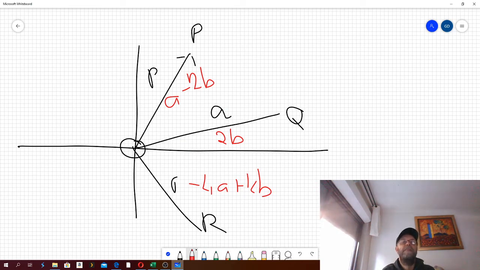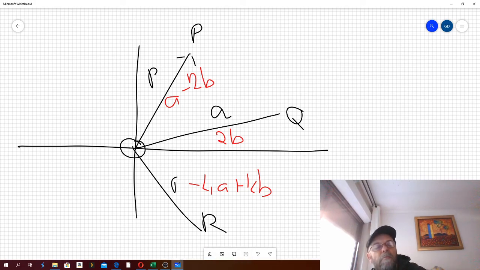These points are actually collinear. In other words, they must all lie on the same line. So let me draw this a bit down here for you.